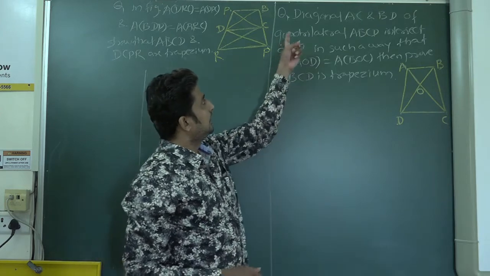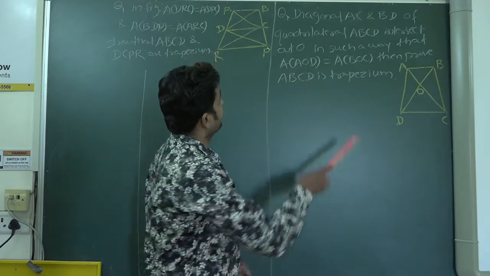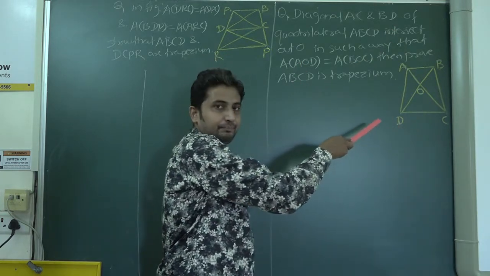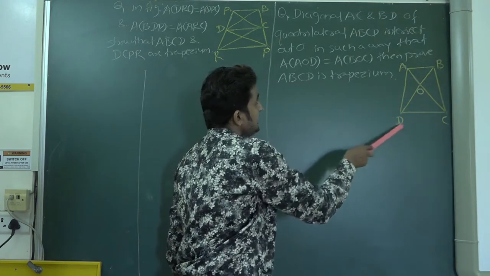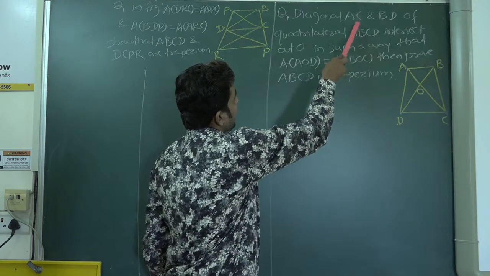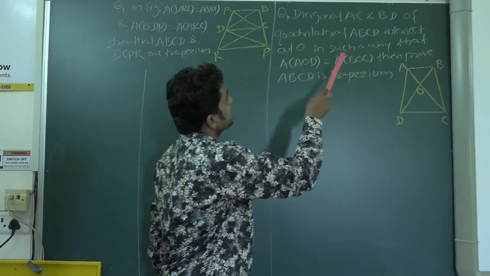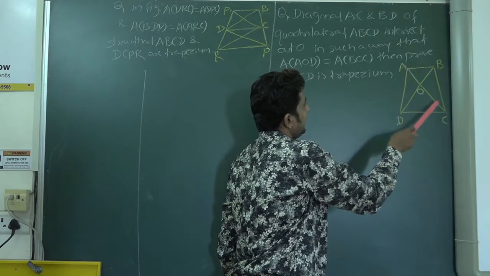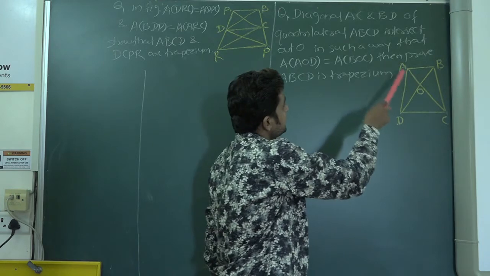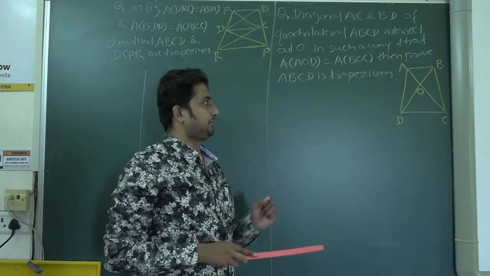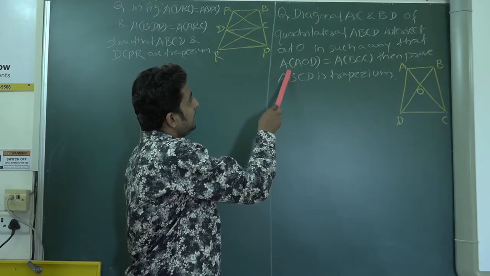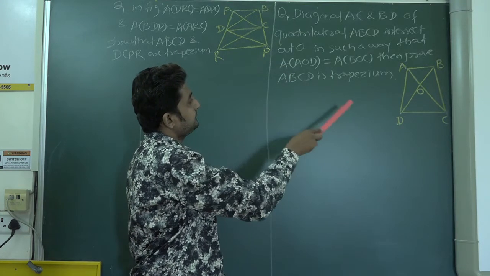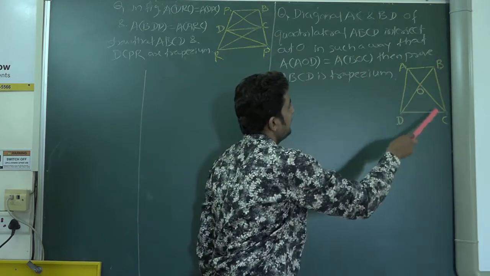So here, dear students, the question is: the diagonals AC and BD of quadrilateral ABCD intersect at point O. This is given, and on the basis of that, the intersection at point O is in such a way that area of triangle AOD is equal to area of BOC.